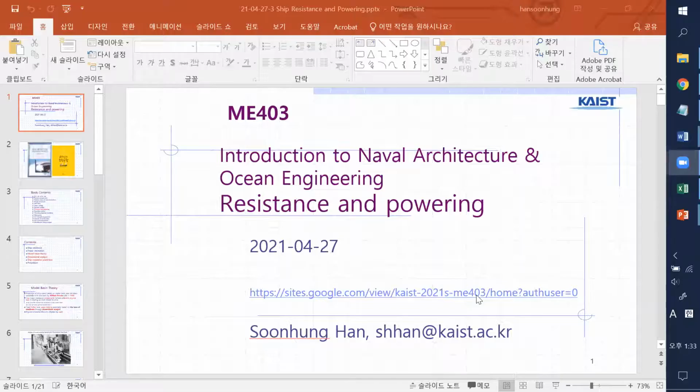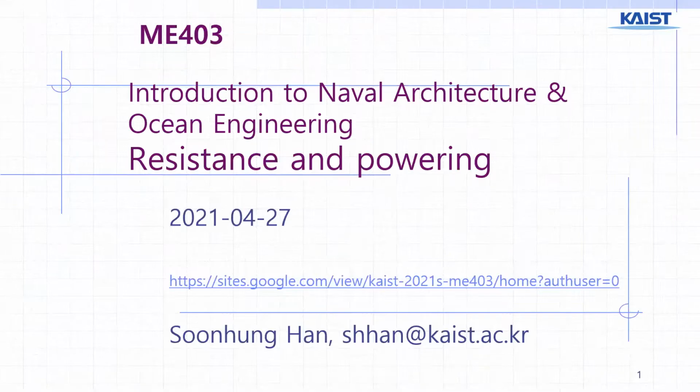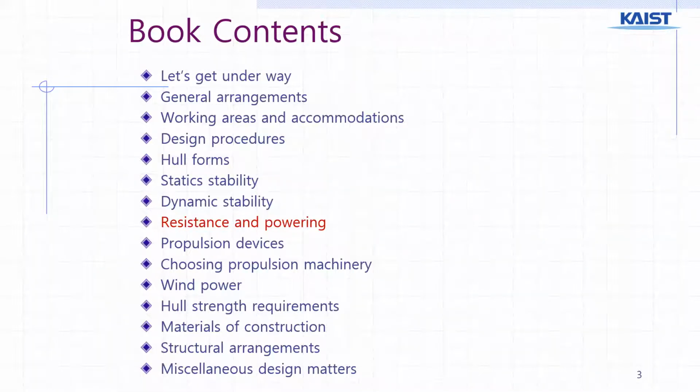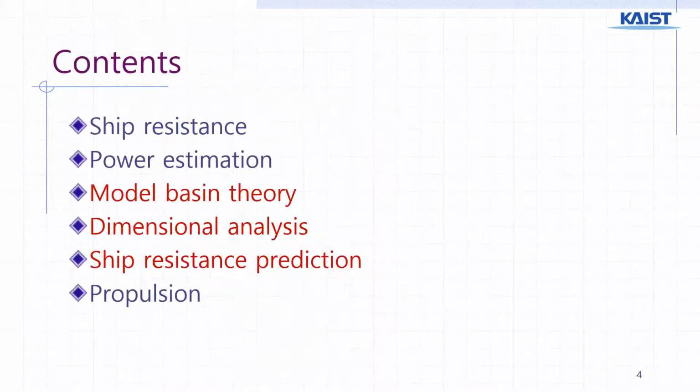So this is the third part of the resistance sampling. We are in chapter 8, and in this slide I will cover model tests, dimensional analysis, and ship resistance prediction.